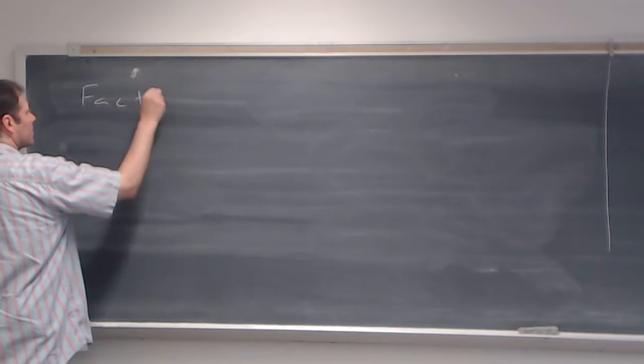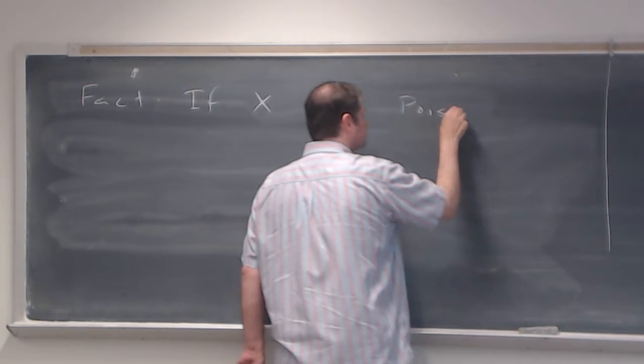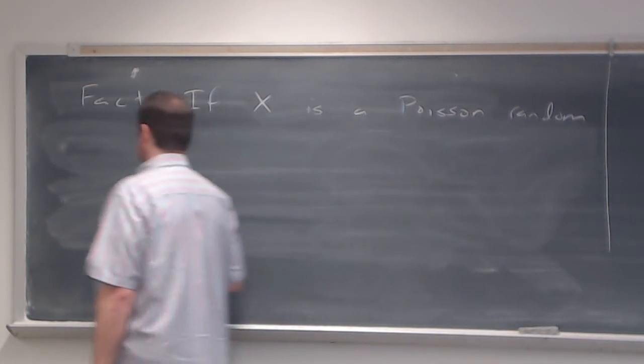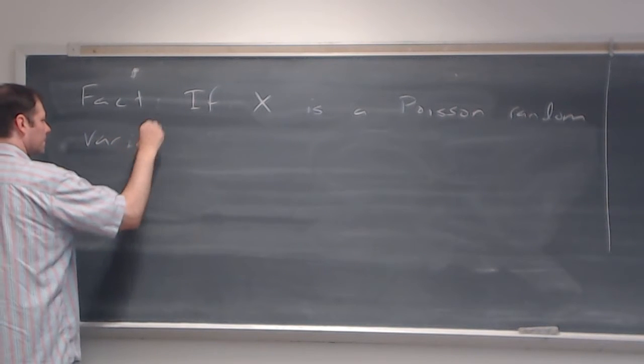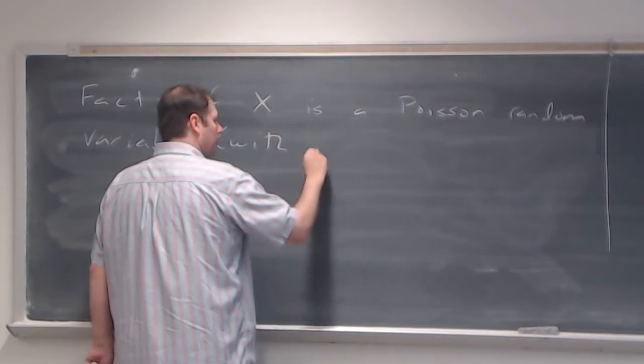Next thing I want to look at is what the expected value of a Poisson random variable is. So it's a fact that if X is a Poisson random variable with, in parentheses, a parameter.